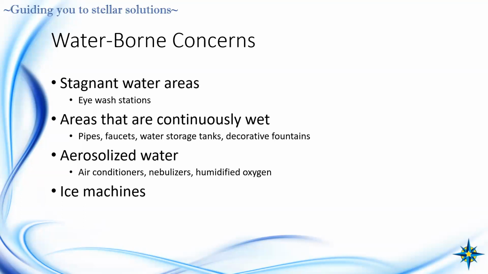Water management must be based on national standards such as ASHRAE, formerly the American Society of Heating, Refrigerating, and Air Conditioning Engineers, plus the CDC and the U.S. Environmental Protection Agency, or EPA.